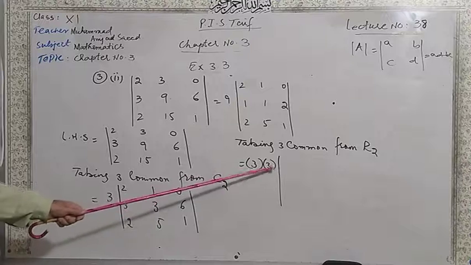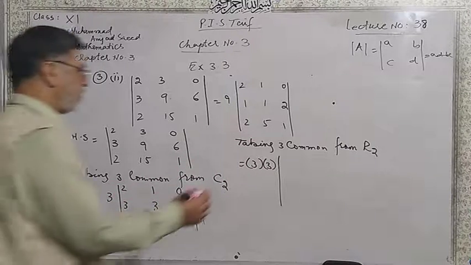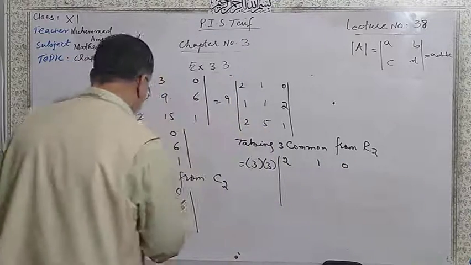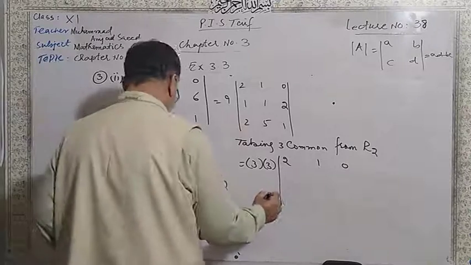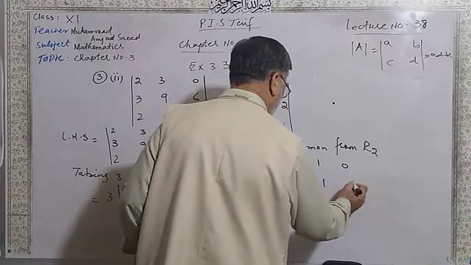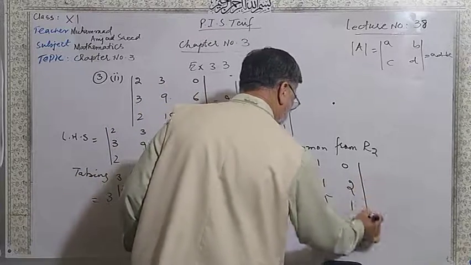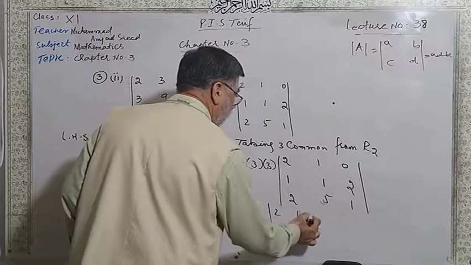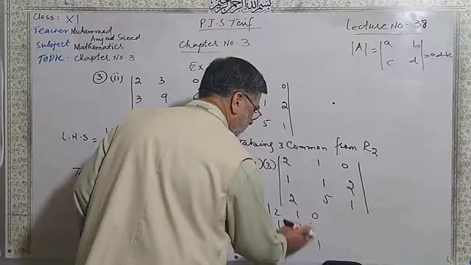Now the second 3 we have taken common from R2. 2, 1, 0. 2, 1 and 0. R3 is divided by 3. This will be 1, 1 and 2 and 2, 5, 1. That is equal to 9 into 2, 1, 0, 1, 1, 2, 2, 5, 1.